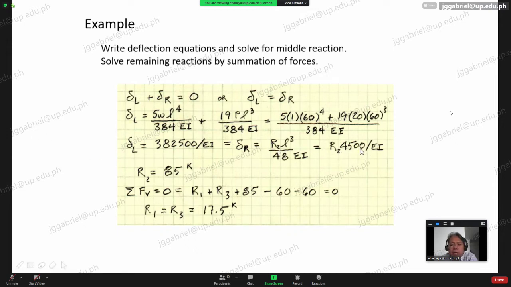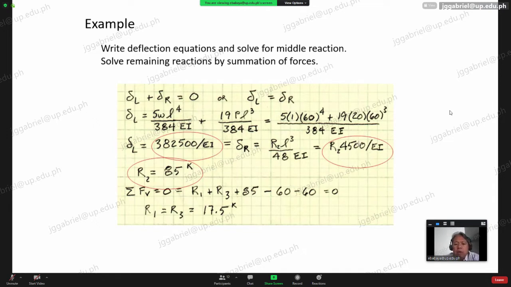Now, if you equate the two, they should be equal, no? So equate this and this one. By algebra, you get R2 equal to 85 kips. Will you try doing that? Itong dalawa equate ninyo.